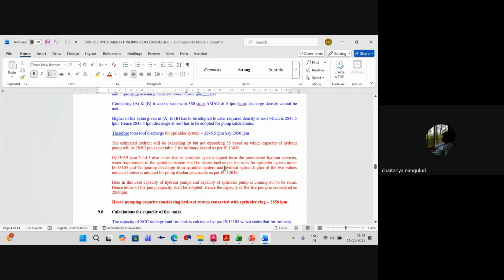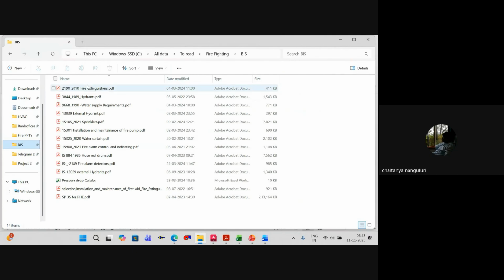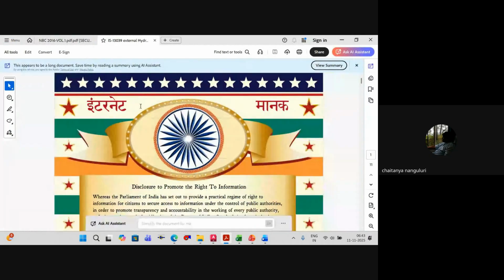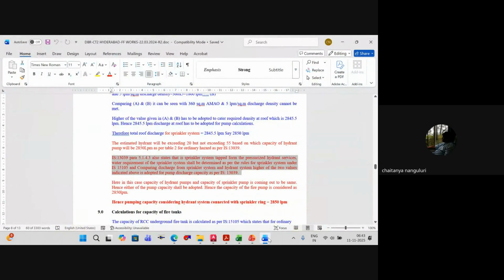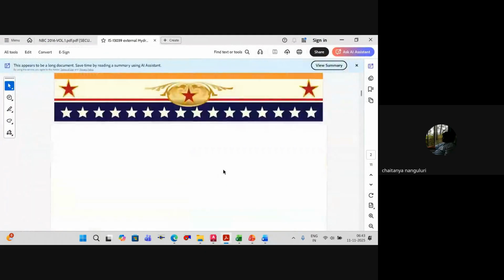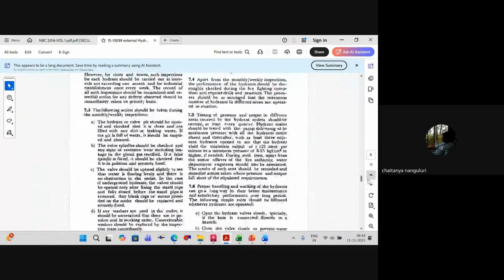You can see this particular clause, 13039 para 5.1.4. We'll directly go there. 13039. Yes, code 13039, external hydrants. Para 5.1.4.3. It's not there.